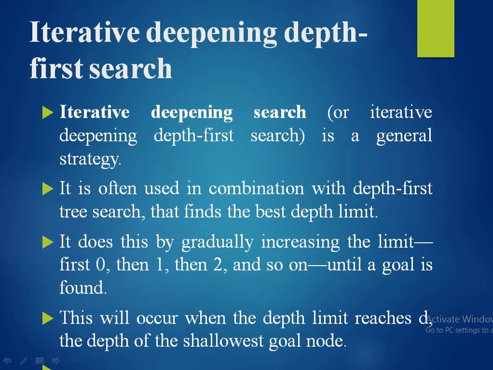The iterative deepening search, which is also known as the iterative deepening depth first search, is a general strategy. It is often used in combination with depth first tree search that finds the best depth limit.